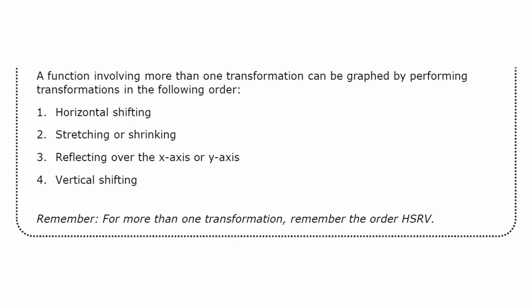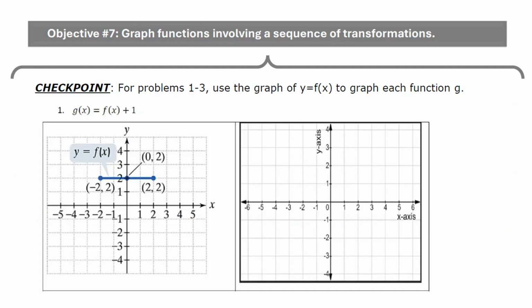All right, now let's go through some problems. So for problems 1 through 3, we're going to use the graph of f of x that is provided for us, and then we're going to graph each function g. Okay? So in our example here, let's get my pen. All right, we have g of x equals f of x plus 1. Now we can see right off the bat that we are adding 1 to f of x.